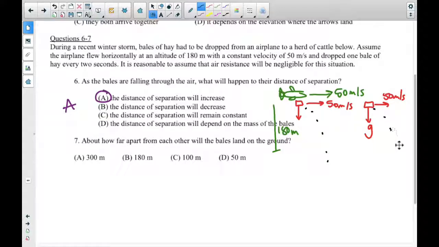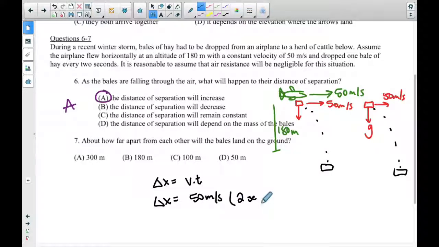And they're going to do this, but it's every 2 seconds, and they're going to be equally spaced because they're every 2 seconds apart. Well, basically the question is, how far does the plane go in 2 seconds? Well, the plane is going 50 meters per second, and it's going for 2 seconds between drops, so the bales of hay are going to drop 100 meters apart from each other.